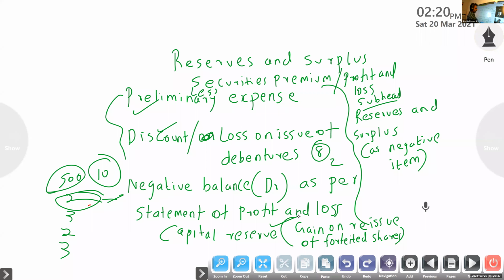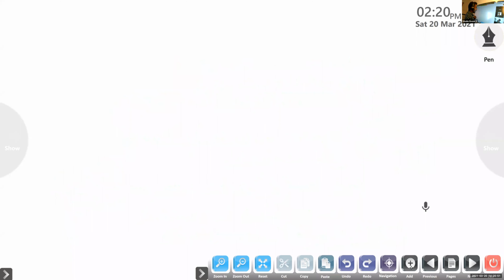Okay. Next one, share capital. Two more items you have to write. Share capital means, under share capital, what capitals are included? That you will study in accounting for share capital.